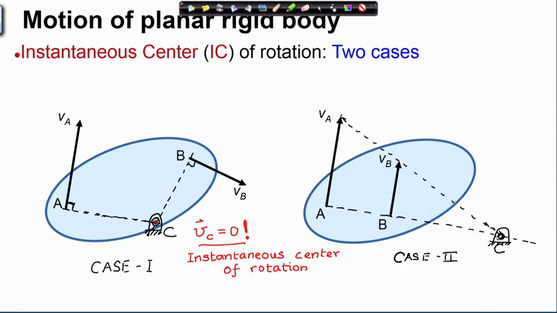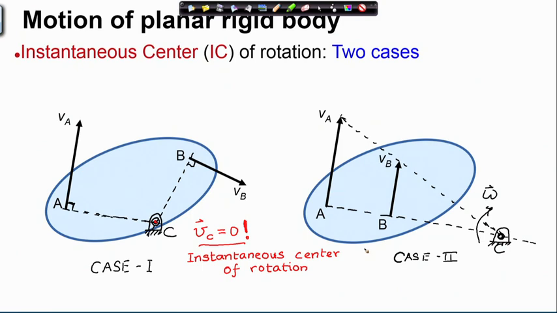You can see that velocity of B is proportional to B C and velocity of A is proportional to C A, and that is why it is increasing linearly with that distance, because the angular velocity of this body is something which is fixed.